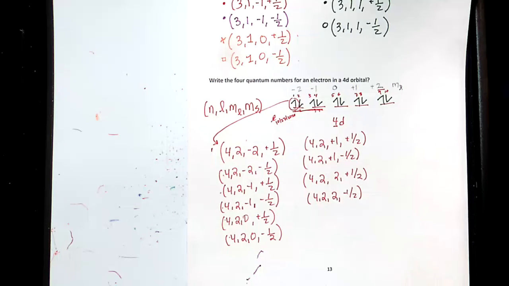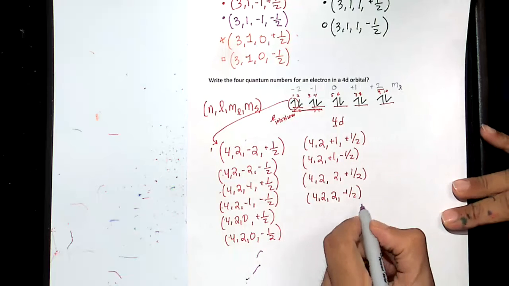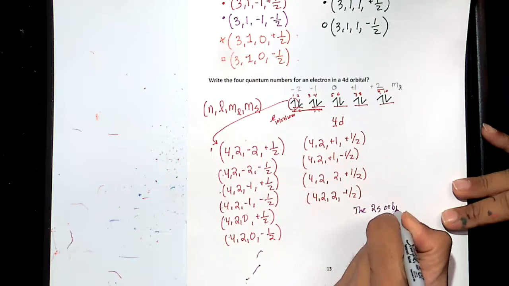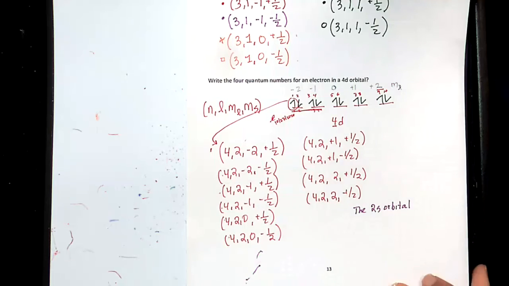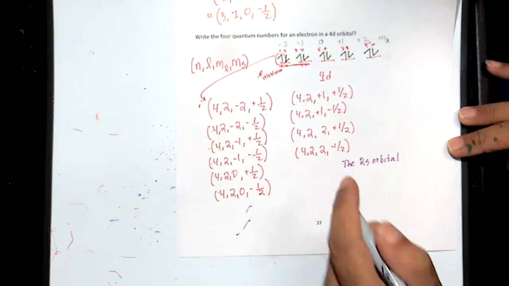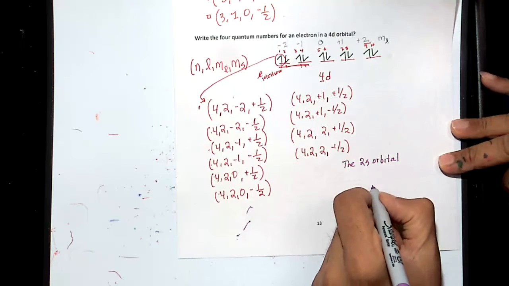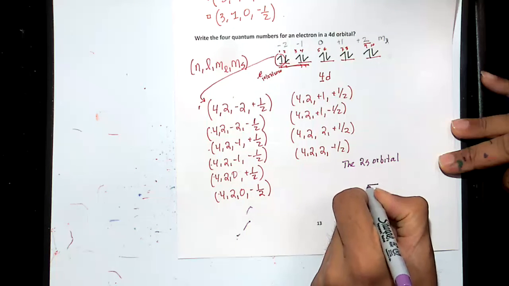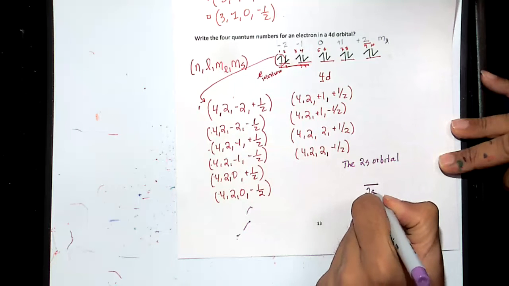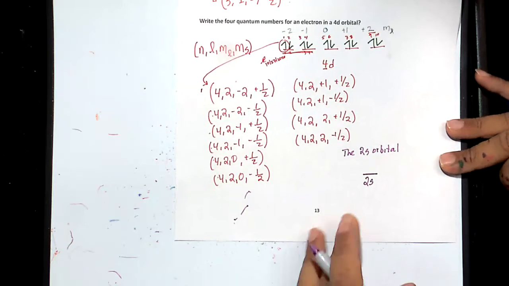Okay. How about the 2s orbital? Write down all the quantum numbers for the 2s orbital. Okay, so how many slots are in s? It's just one slot, 2s.